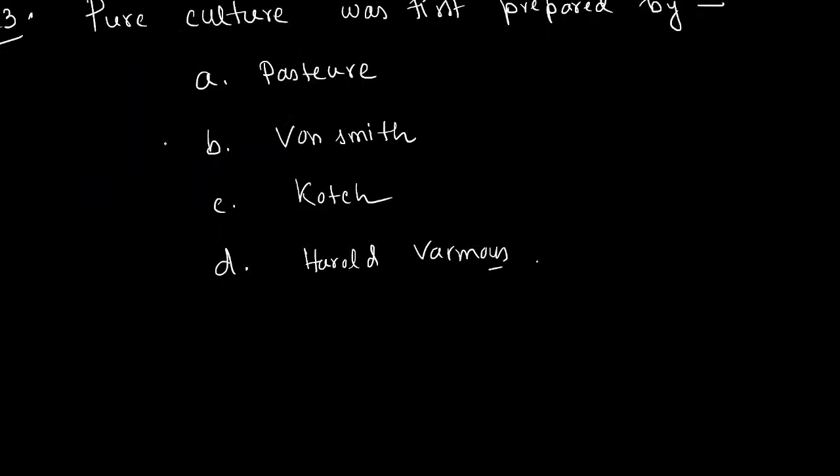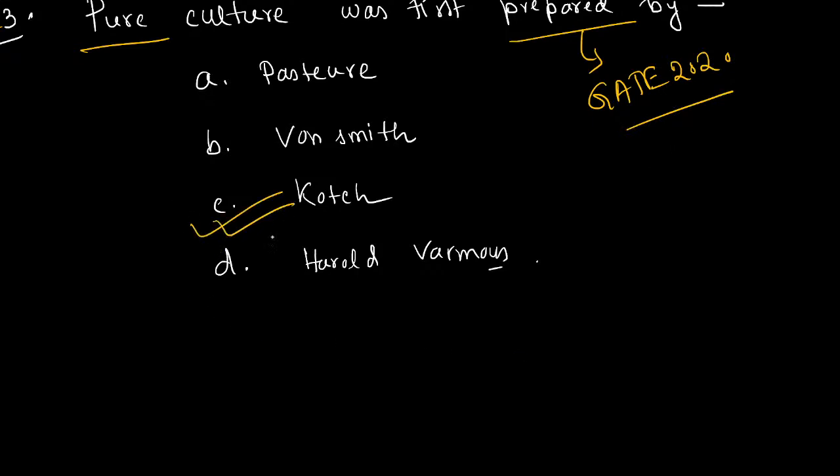Question number 33. Pure culture was first prepared by Pasteur, Von Smith, Koch, or Harold Vermas. This is a good question because I think I received this question in 2020. Everyone is saying C. Robert Koch, pure culture.